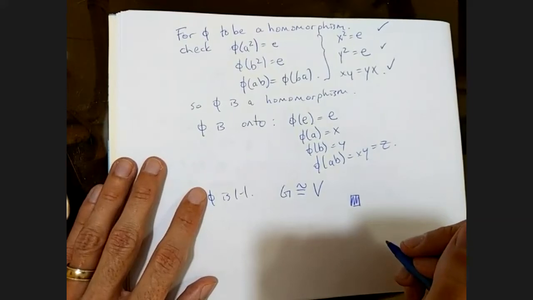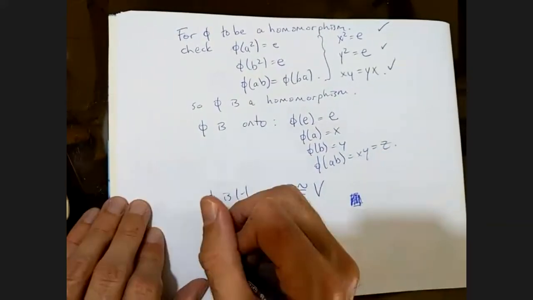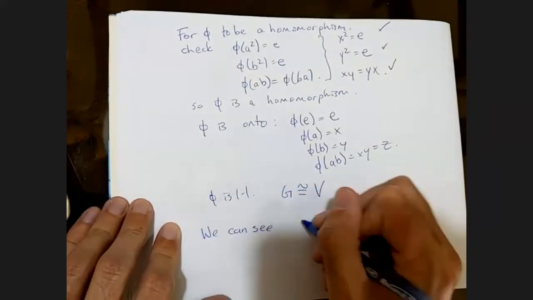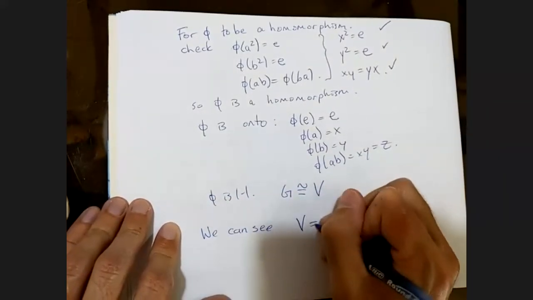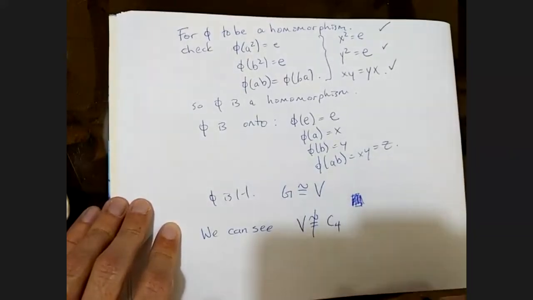Oh yeah, I guess I should make a note before I end. We can see V is not isomorphic to C4, right?